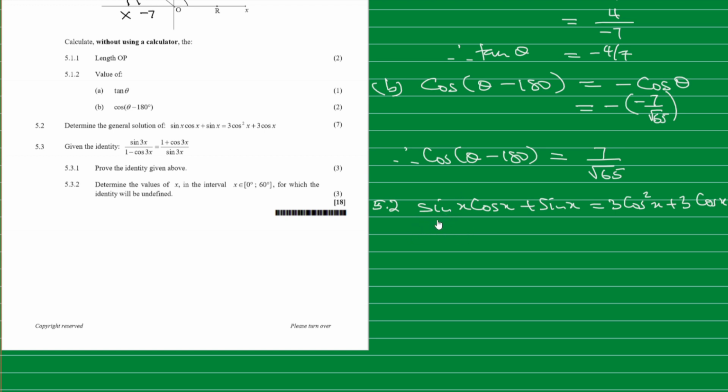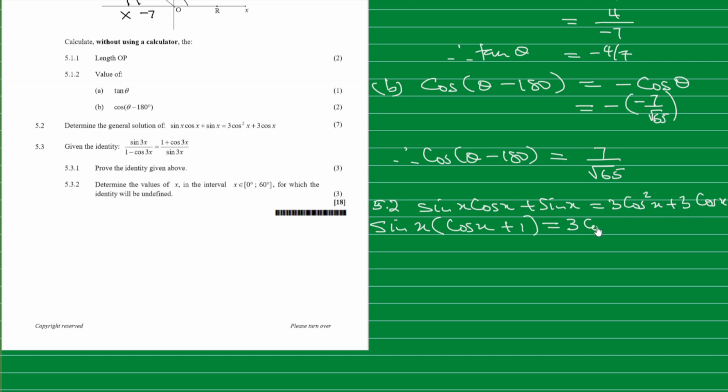Now, first of all, you'll find that there's a repeated term here, which is sin x, and here there's a repeated term, which is cos x, so we can choose to factor out sin x. So we have sin x out, we'll get cos x plus 1. This will be equal to, here we can also factor out 3 cos x.